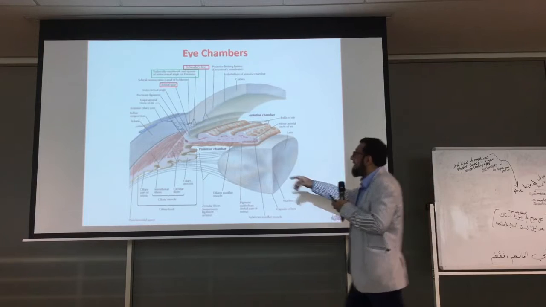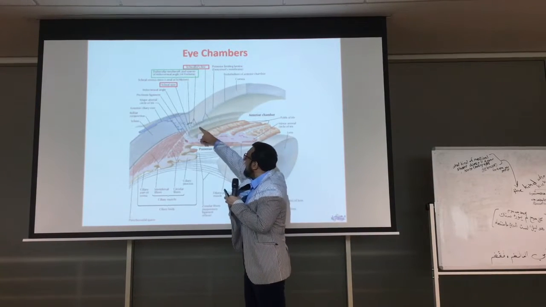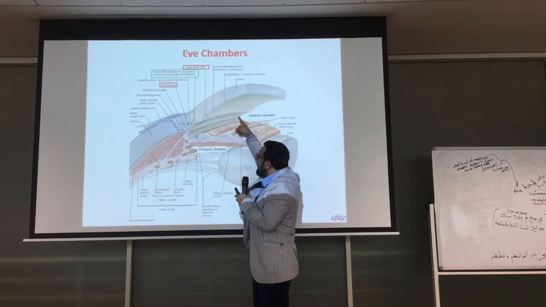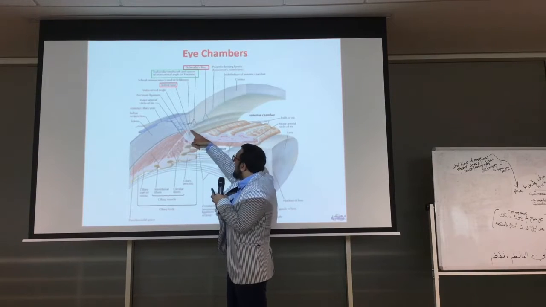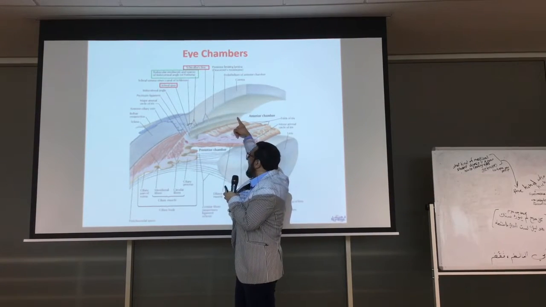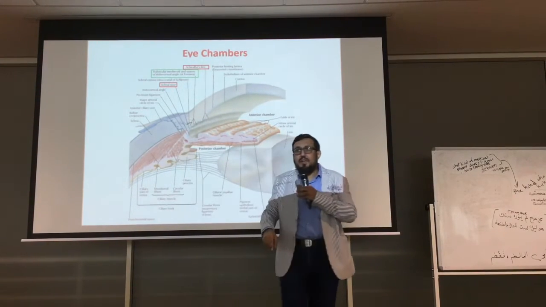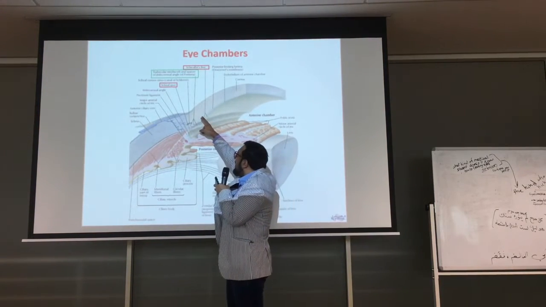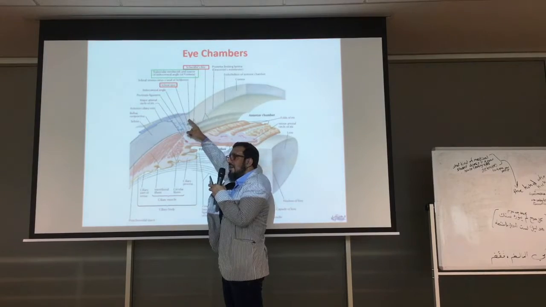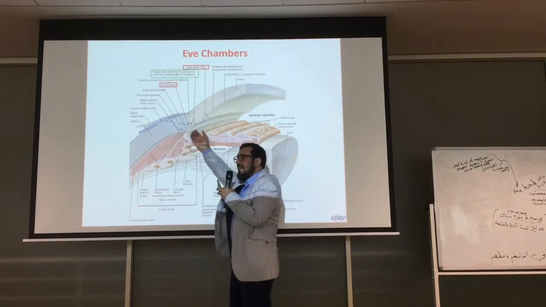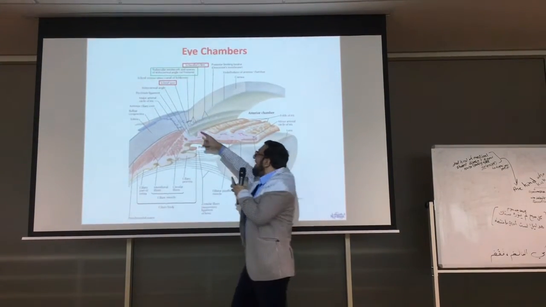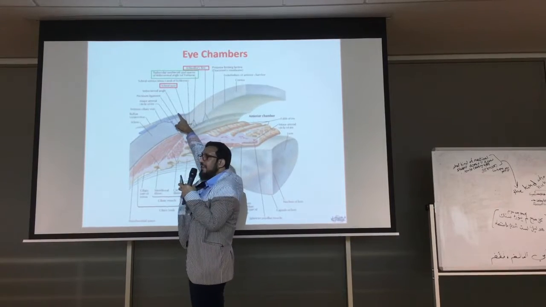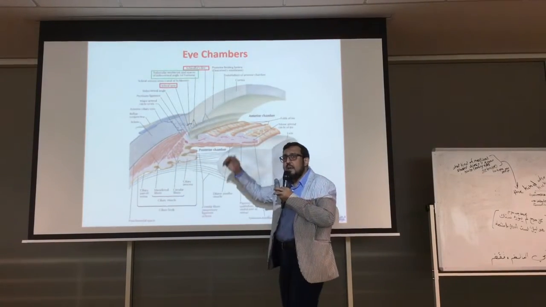Better to use my hands over here. This line, which is produced by the edge of the sclera, is called the scleral spur. It represents the line of the union of the cornea and the sclera posteriorly. Anteriorly, there is a small groove-like structure called the limbus.